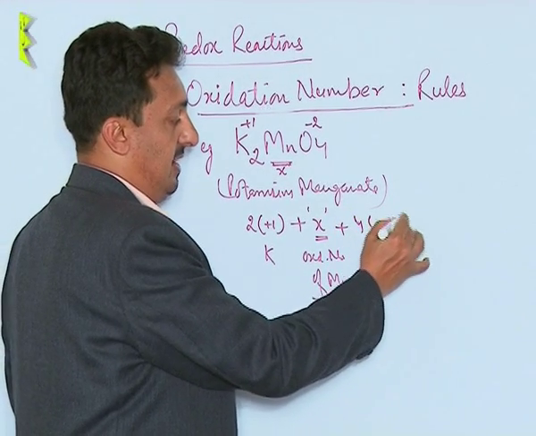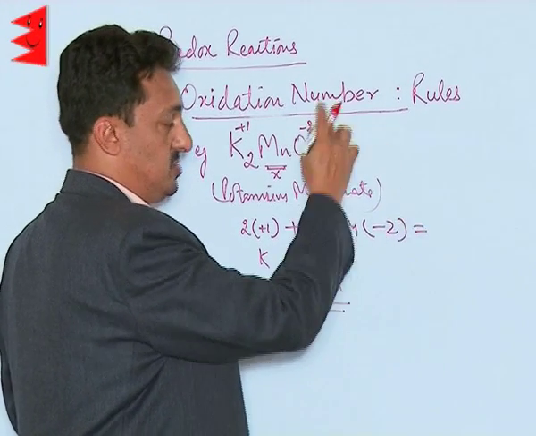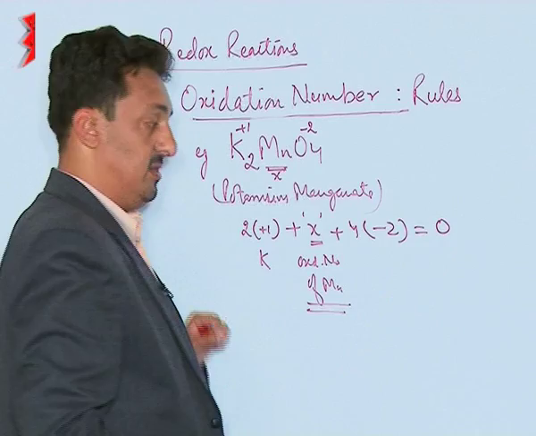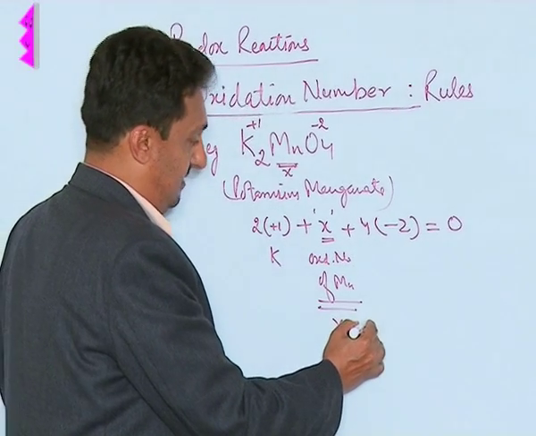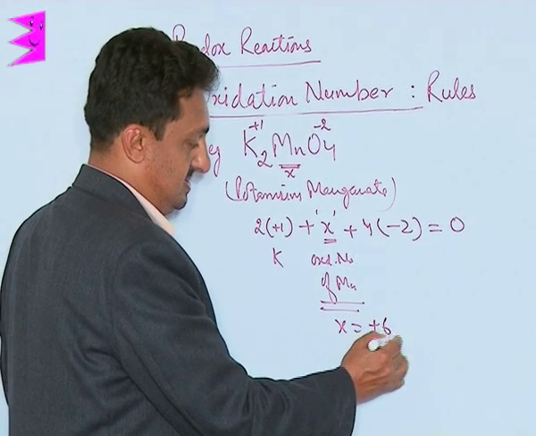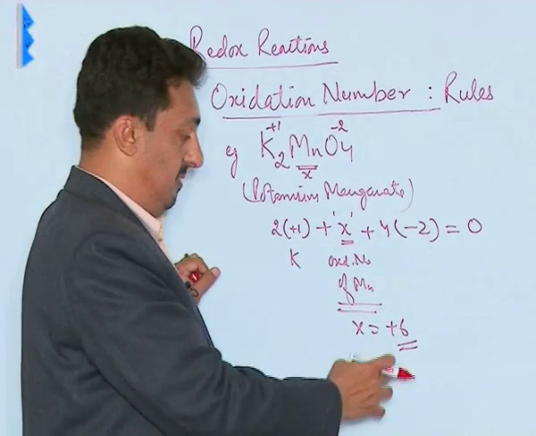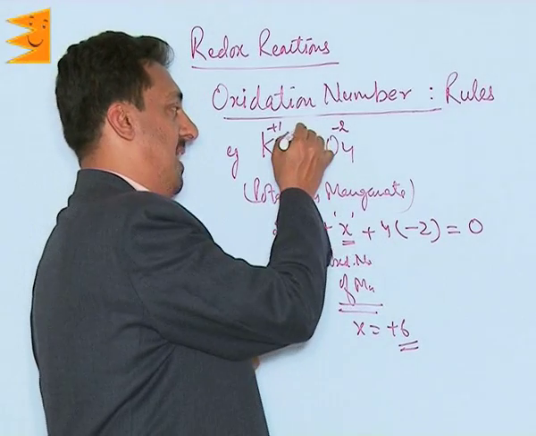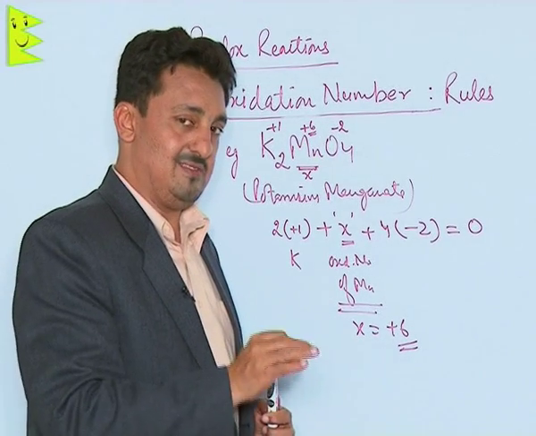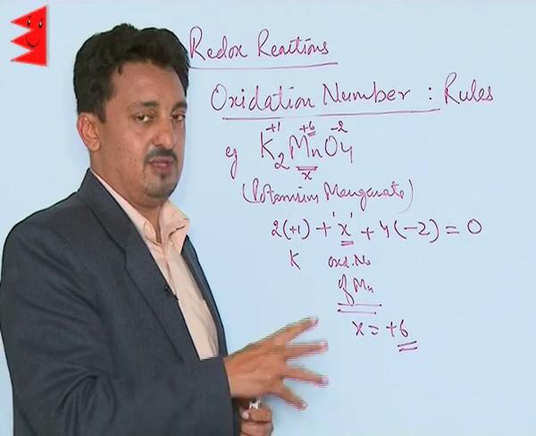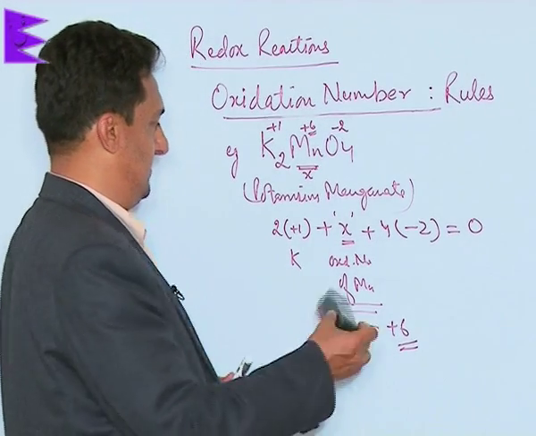All 4 are in the -2 state, and since there is no charge on this molecular species, it is equated to 0. When we solve this, we find that manganese is present in the +6 state. 4 twos are 8, so -8 comes here, and with 2, it will be +6. So it means manganese is in the +6 state or number, and it has lost 6 electrons in this particular molecular species.